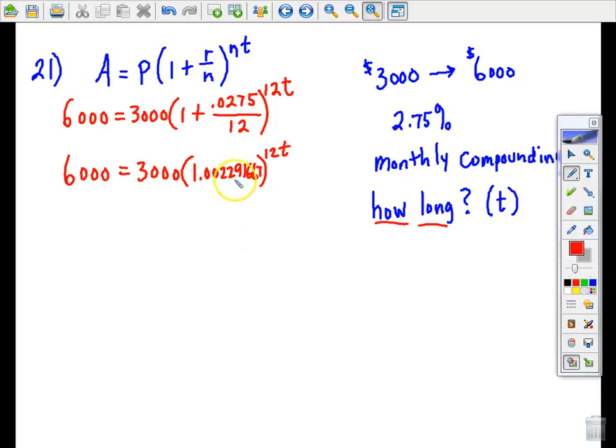Before I can change this into a log equation, I want the base and the exponent that I'm going to try to find isolated by itself on this side of the equation. So I need to undo multiplying by 3,000. It should be easy enough. 6,000 divided by 3,000, of course, is 2.